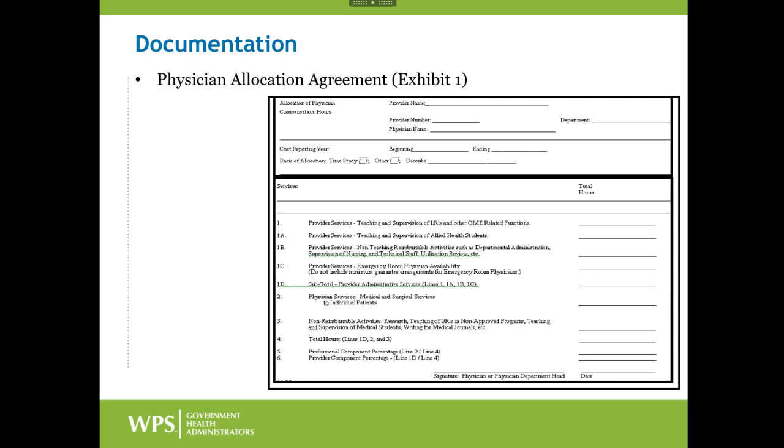So for each of these service types, now this is not in great detail. You could certainly provide more detail here if you want to, but line 1 shows the total hours for provider services like teaching and supervision of interns and residents. 1A is provider services related to teaching and supervision for allied health students. 1B is provider services related to non-teaching reimbursable activities, administration, supervision, all that. 1C would be specifically related to emergency room physician availability that we talked about earlier.